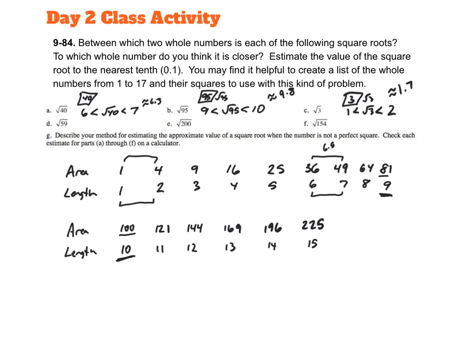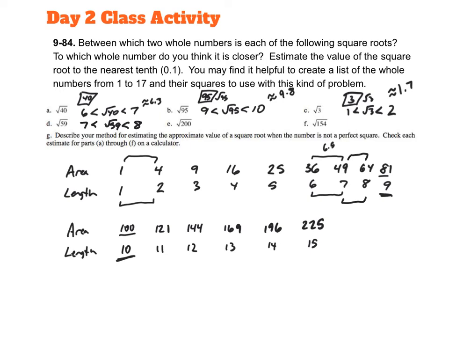Letter D, square root of 59. Again, that would be an area of 59, which is going to be between 49 and 64. So if I look at my side lengths here, between 7 and 8, so square root of 59 is somewhere between 7 and 8. And if I look at 59 compared to 64, that's 5 away.